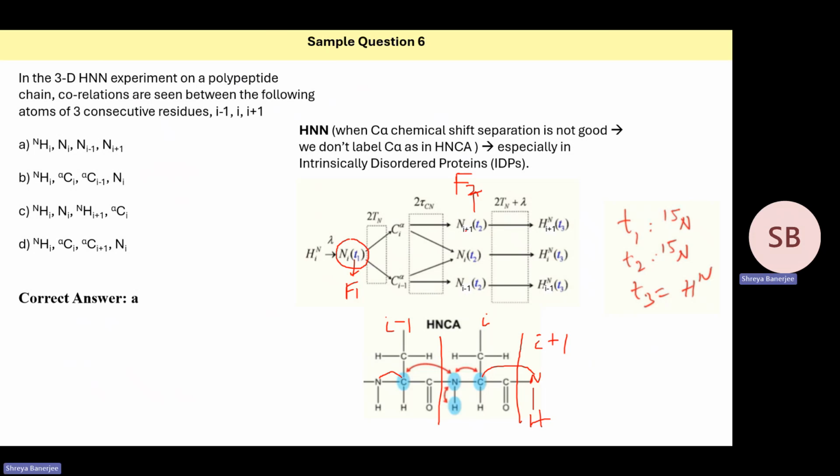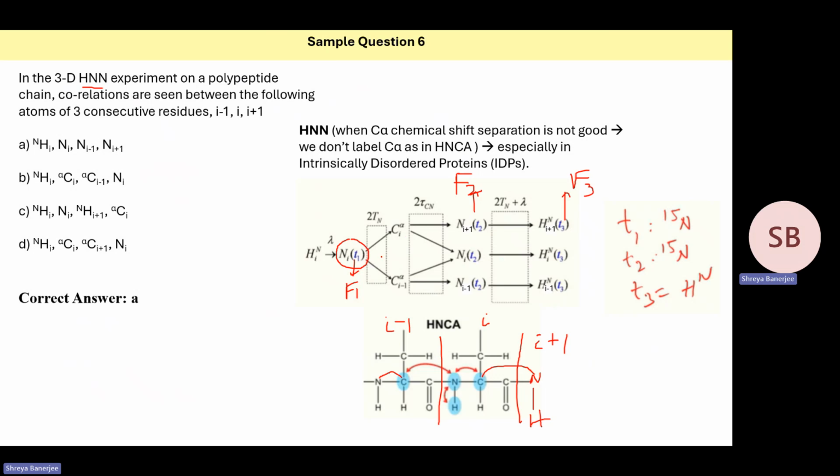And then from these 3 nitrogens, the F3 axis is the corresponding amide hydrogens of i plus 1, i and i minus 1. So in the HNN experiment, you are only detecting nitrogen, 3 consecutive nitrogen, 3 consecutive hydrogen.